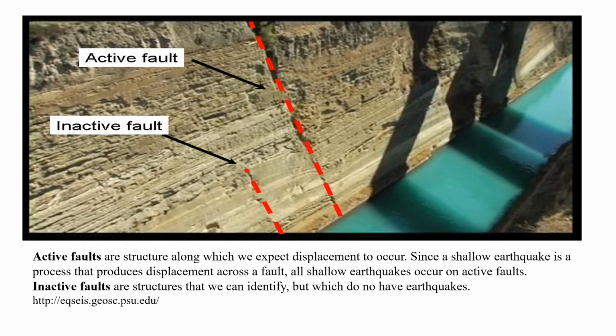That is inactive fault. But sooner or later, pwede ulit siyang maging active at maging reactivated fault. So that is the difference between active and inactive fault. Sana naintindihan natin.